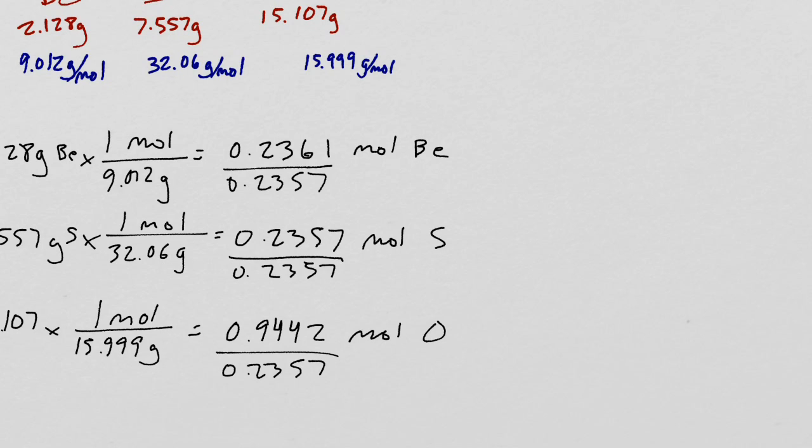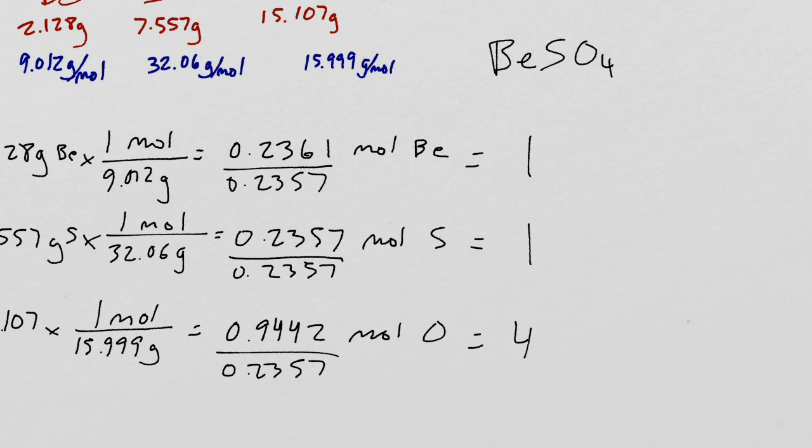Okay, and we get 1 for beryllium, about 1 for sulfur, and we get 4 for oxygen. So that tells us that our formula is going to be BeSO4. So it's our empirical formula.